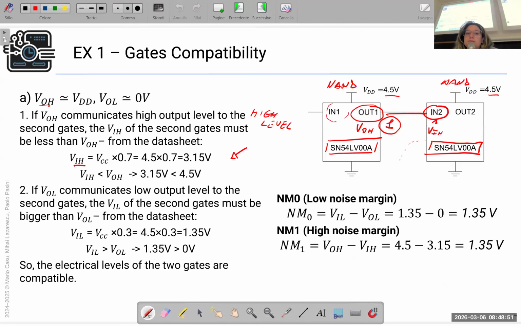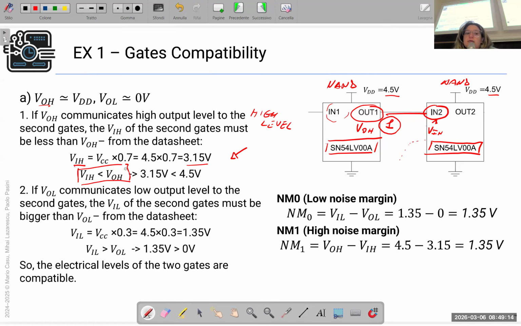So go on. We do VCC times 0.7. The answer is this one. And the rule that we have to use here is that VIH must be lower than VOH. Because guess what?